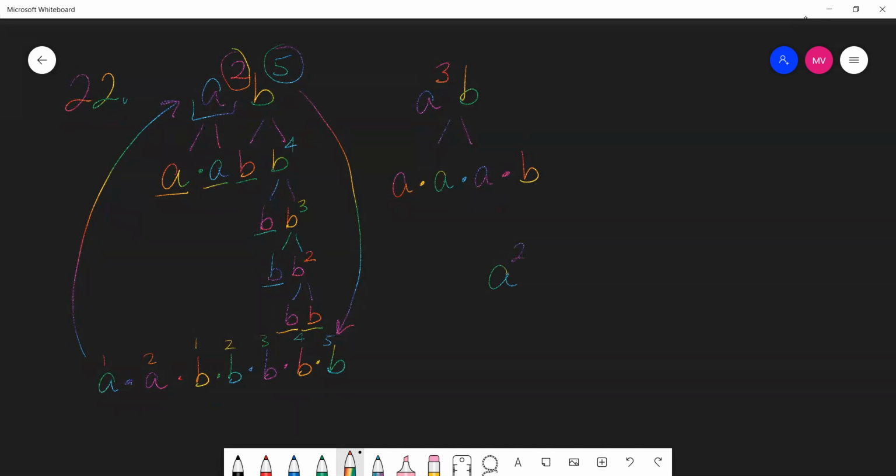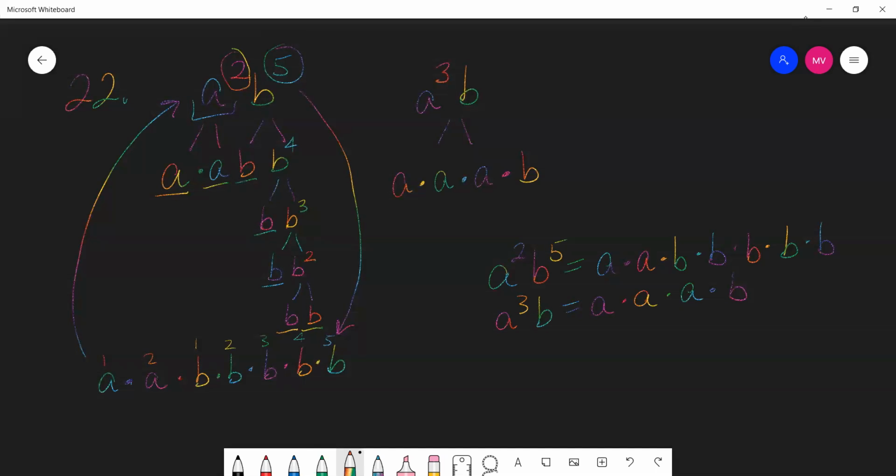So a squared b to the 5th equals a times a times b times b times b times b times b, and a cubed b is a times a times a times b.